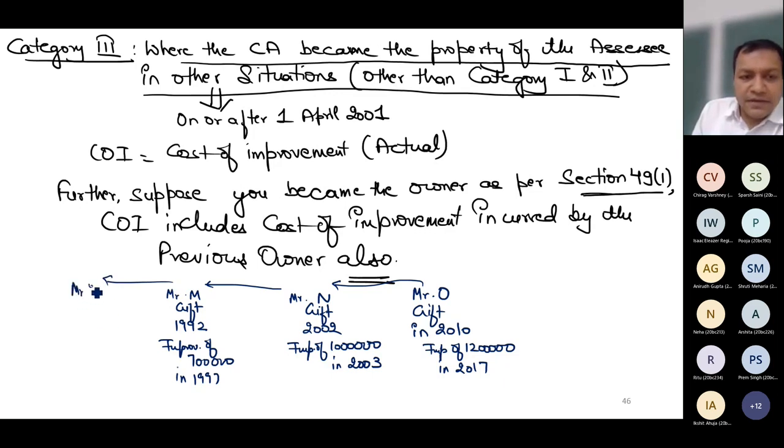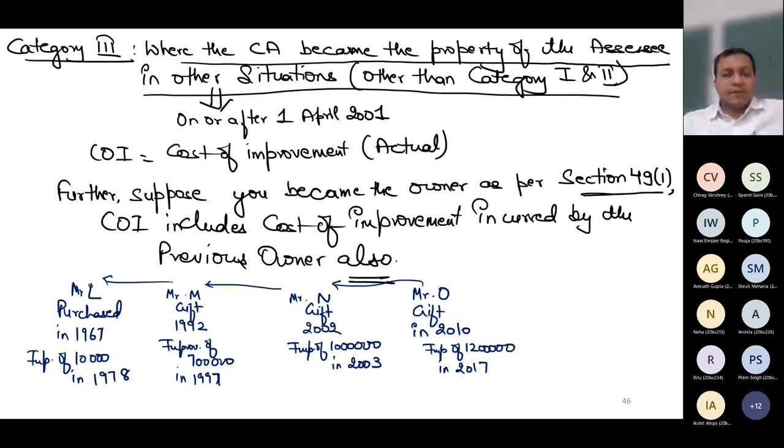Mr. L purchased it in 1967. He also incurred an improvement of 10,000 in 1978. Now see this example. Mr. L purchased it in 67 and transferred it as gift to Mr. M in 1992.